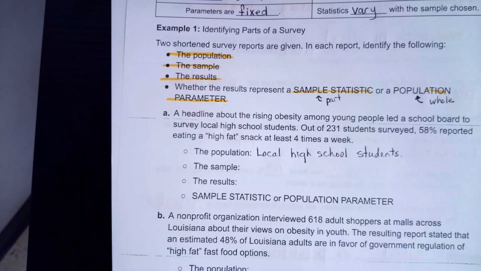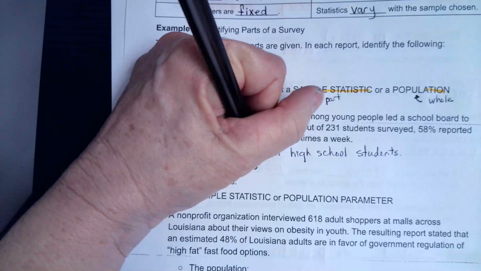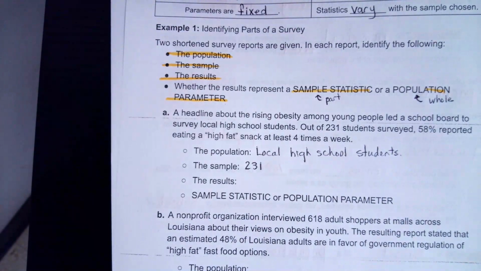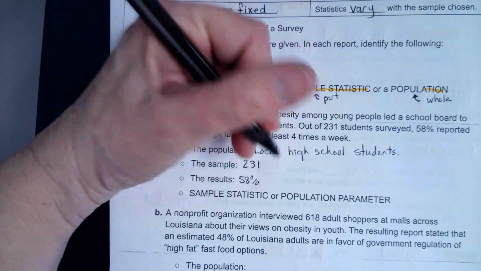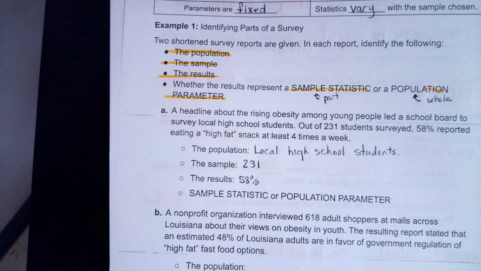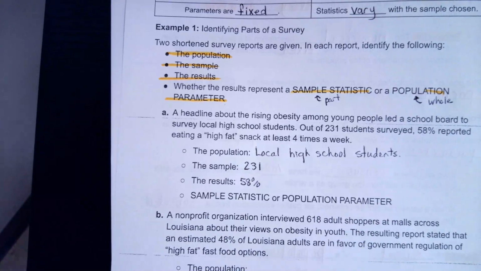How many people actually? 231. Okay, so the 58% is a conclusion that they made. That would be a result. Okay, it's a result. So what were the results? What do the results say? 58% ate a high-fat snack. Okay, now the key is 58% of who, because that's going to have us decide if it's a sample statistic or a population parameter.